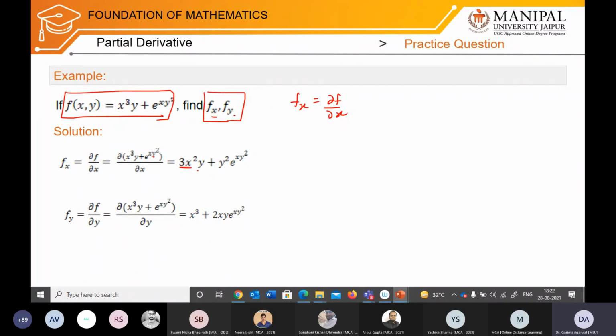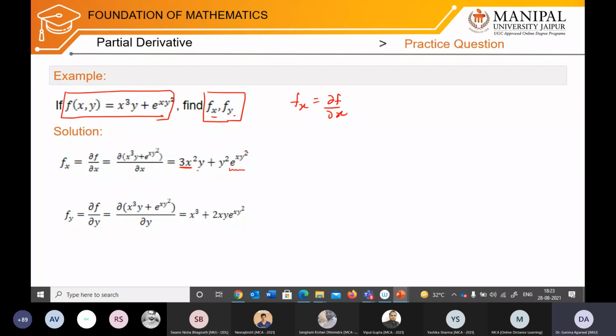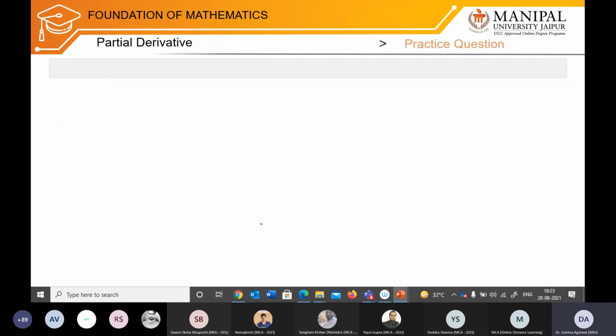Then differentiation of e raised to xy square: differentiation of exponential is exponential itself, and differentiation of xy square will be y square only. Similarly, we can find the partial differentiation of the function with respect to y, and x will be treated as constant, right?